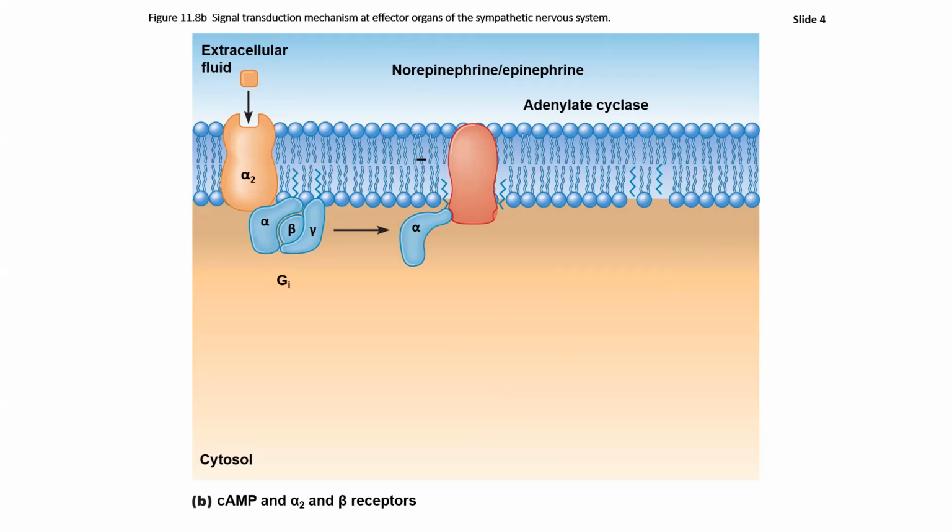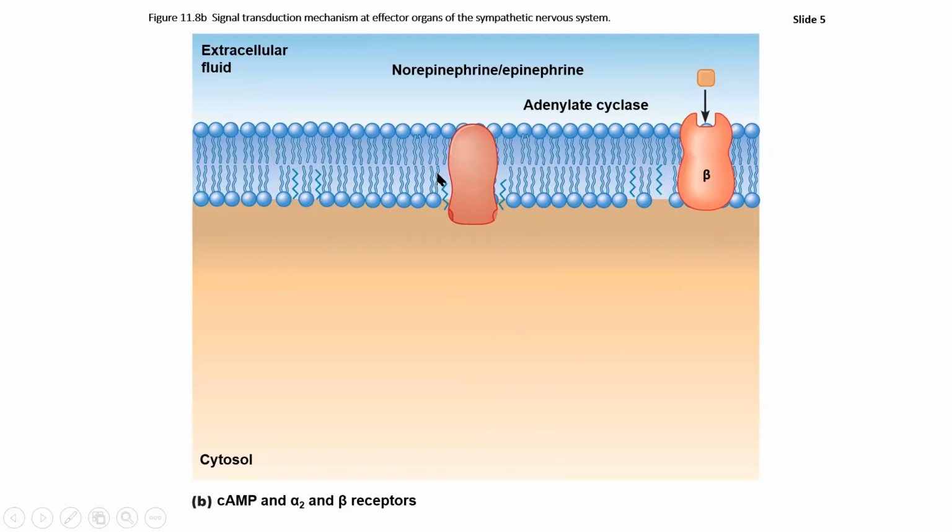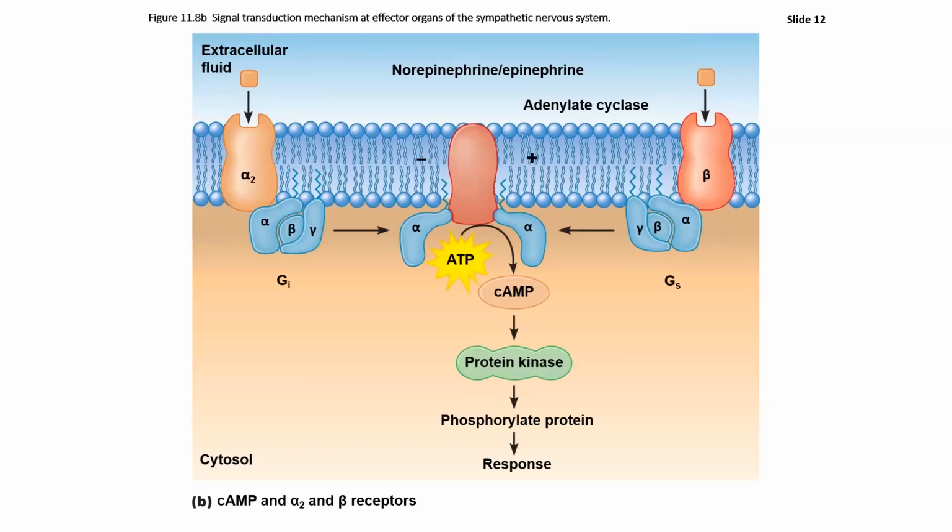This is called adenylyl cyclase. And in the instance of blocking or inhibiting this enzyme, adenylyl cyclase, we are going to decrease the amount, okay, this is becoming a little confusing. We are going to decrease the amount of cyclic AMP, which is going to turn off or inhibit protein kinase, and that will bring about the cellular response, okay?